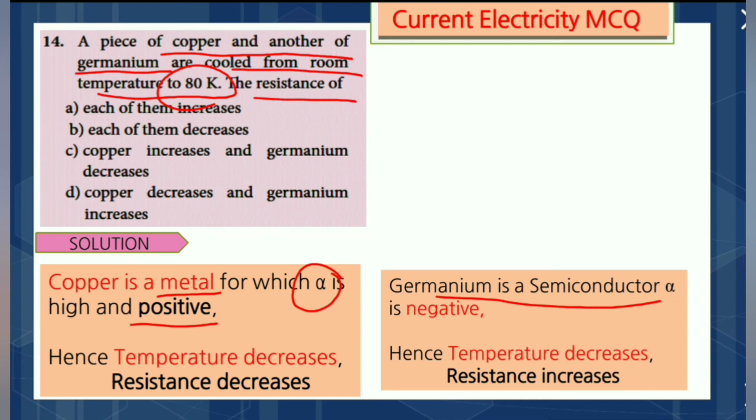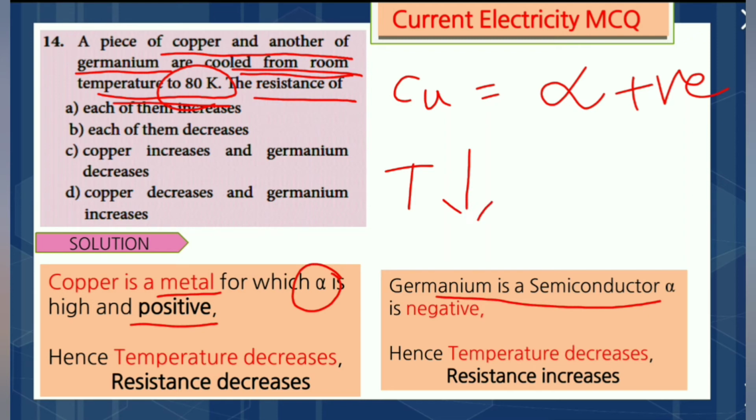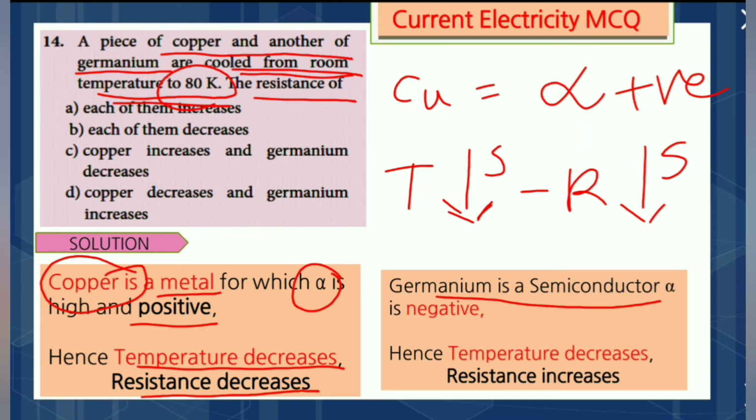So for a positive temperature coefficient of resistance, when the temperature decreases, the value of R also decreases in case of a metal. So for copper க்கு வந்து resistance என்ன ஆகுது? Decrease ஆகுது when the material is cooled from room temperature to 80 Kelvin.